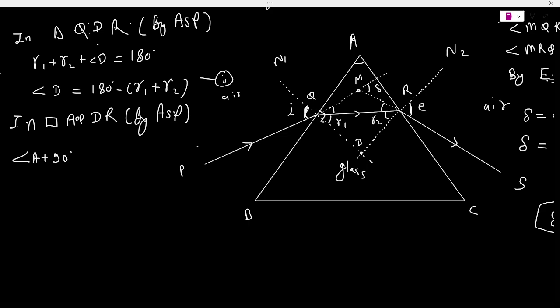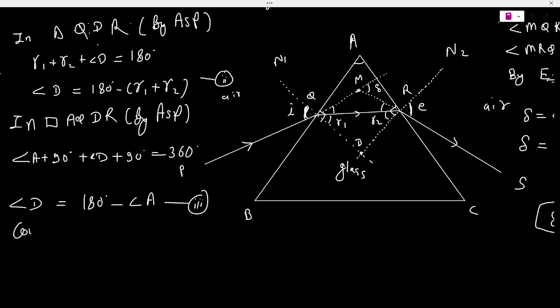This whole angle is 90 degrees. Angle D plus angle A plus 90 plus 90 equals 360, by angle sum property. So what is the value of angle D? It is 180 minus angle A.